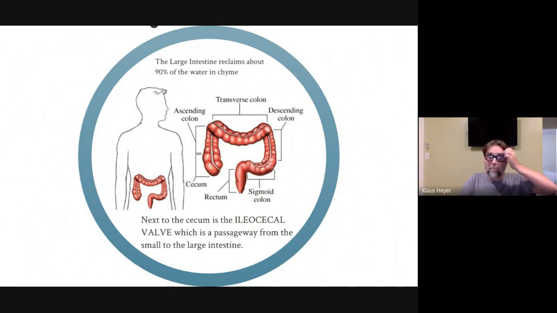So that's why chronic diarrhea is an issue: your stomach's donating water to liquefy your food, but you're not getting it back inside your large intestine. It's going through too fast. So with too much diarrhea, you can get dehydrated, especially if you're younger.